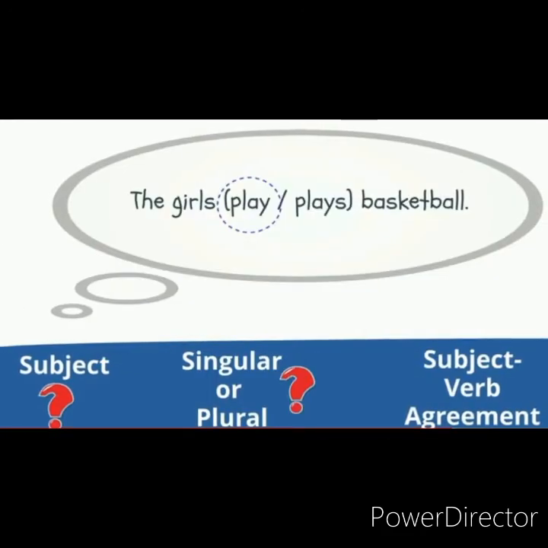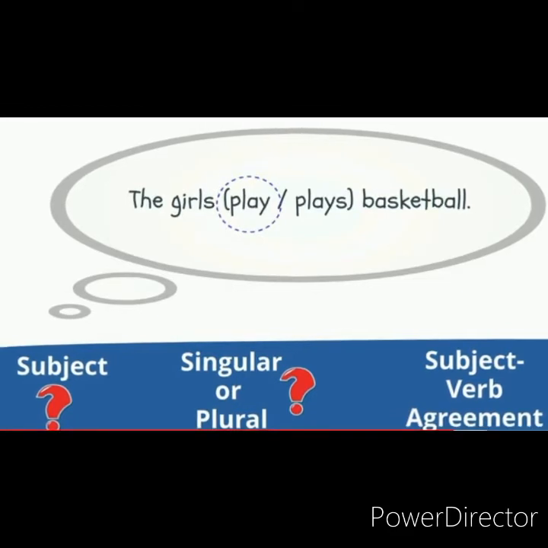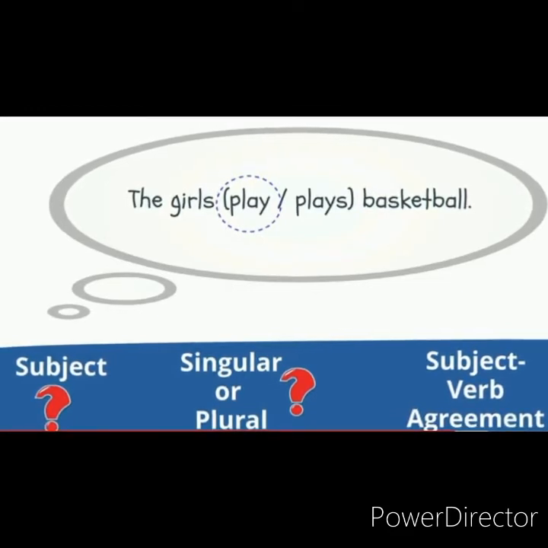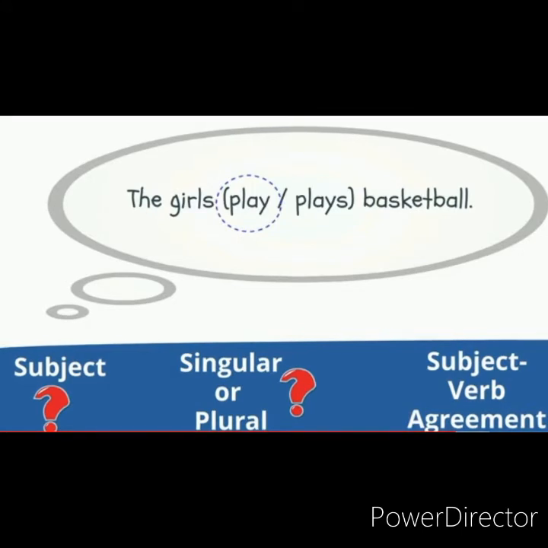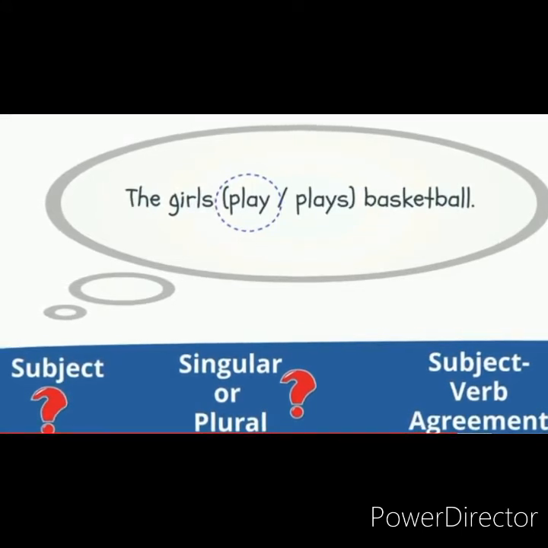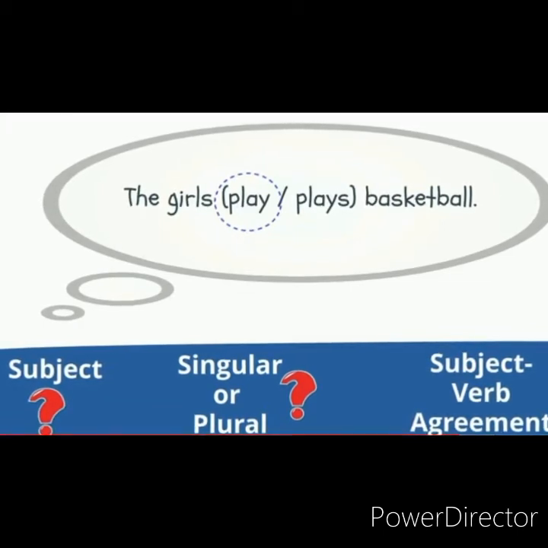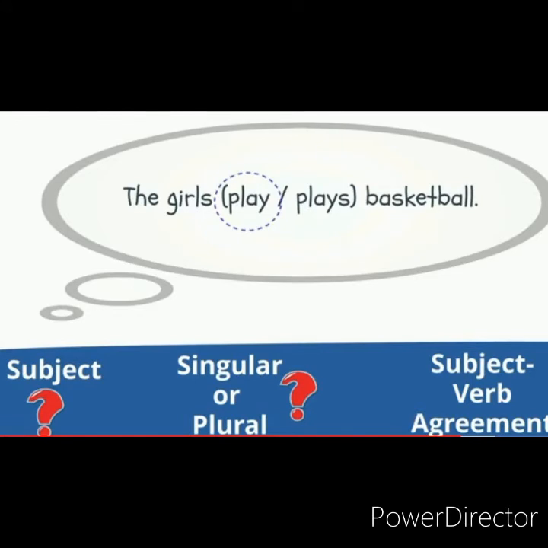Now, see the next sentence. The girls play basketball. Identify the subject. Who is performing the action? The girls. So, the girls is the subject in the sentence. Now, identify the verb. What action is being performed by the subject?